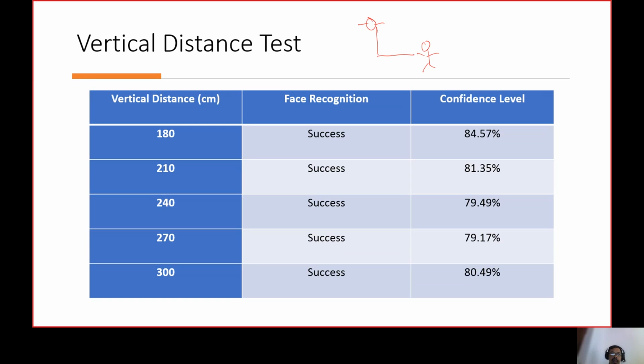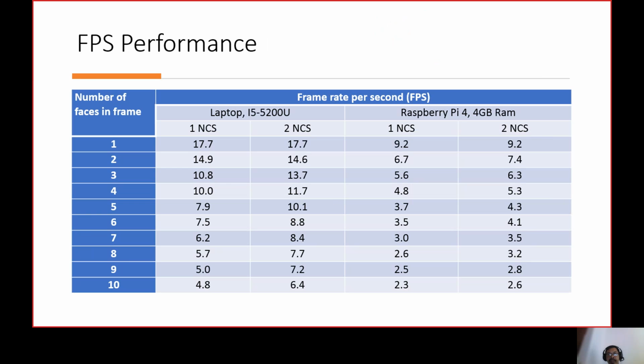For vertical distance, because the idea is for the drone, we try to find the height at which it is able to detect a person. From around 1.8 to 3 meters, the system is able to detect the face properly.